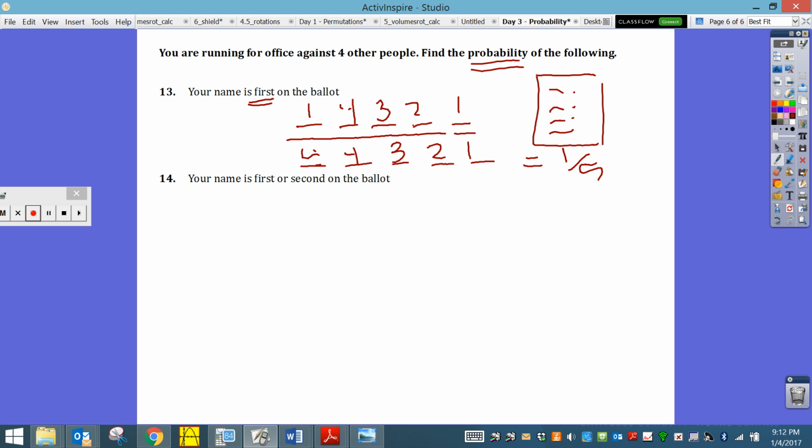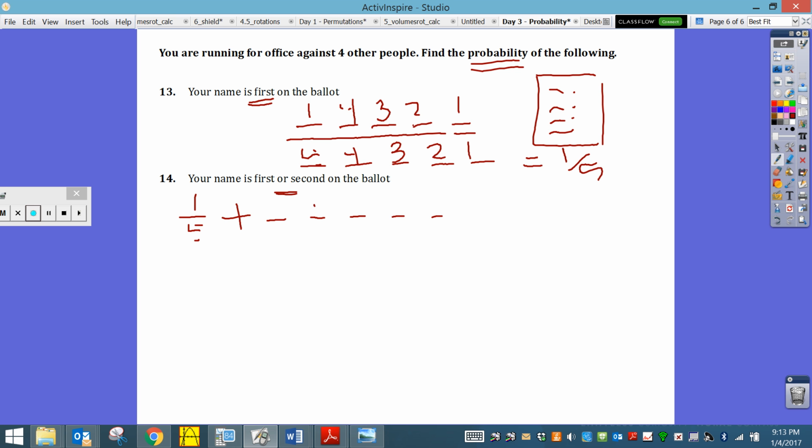Your name is first or second on the ballot. Okay, so your name is first or second on the ballot. Well, we know the odds of me coming first is 1 in 5. Anytime I see or, I add. Okay, so this time, probability that I come second. Okay, if you already see it, that's good, but if you don't, let's kind of go through it. Remember, there's you and 4 other people.